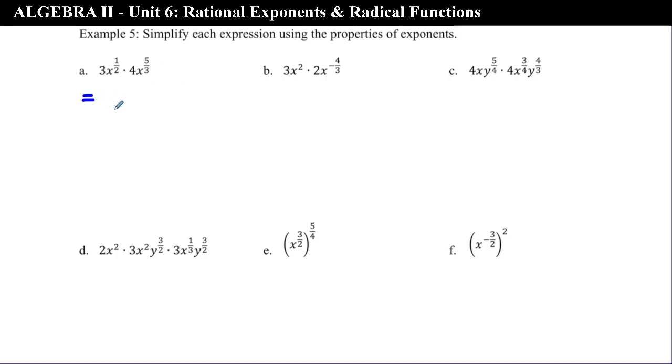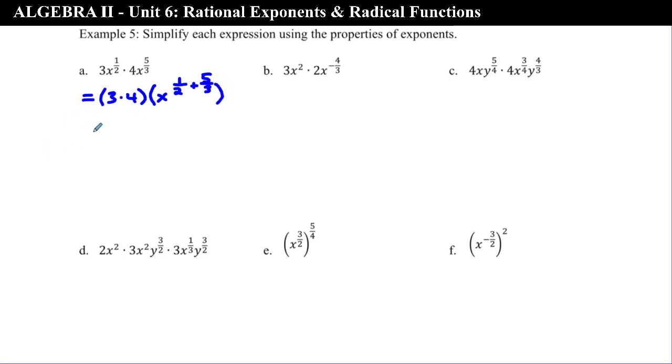You can take your coefficients, this 3 and this 4, and multiply those separately. Then we take care of our x's. How do we multiply things with the same base but different exponents? You add the exponents. So you get x to the 1/2 plus 5/3.